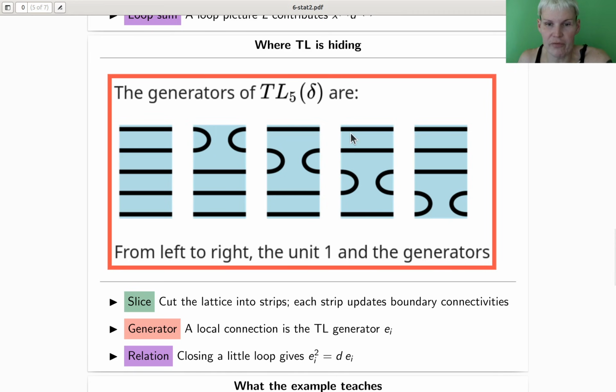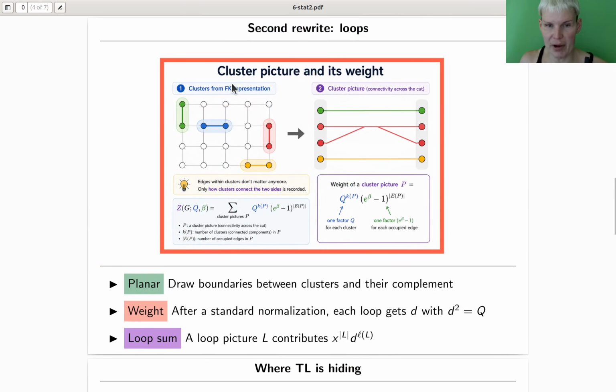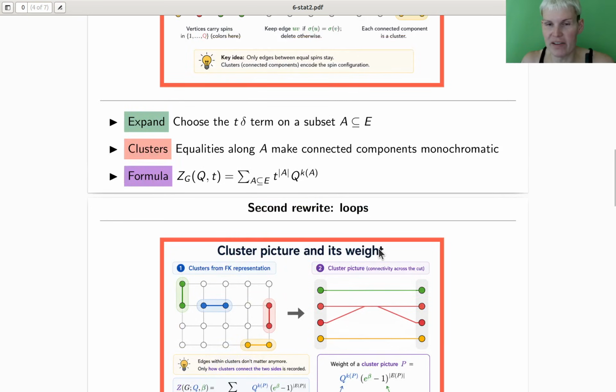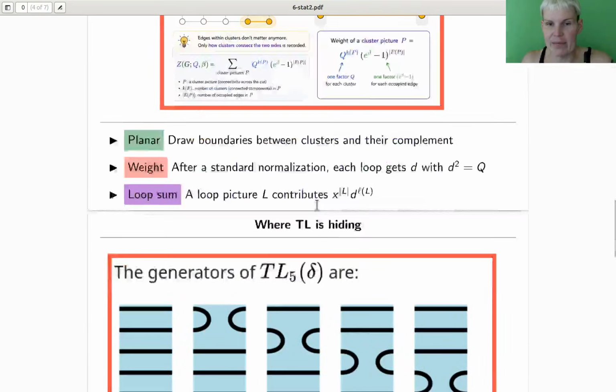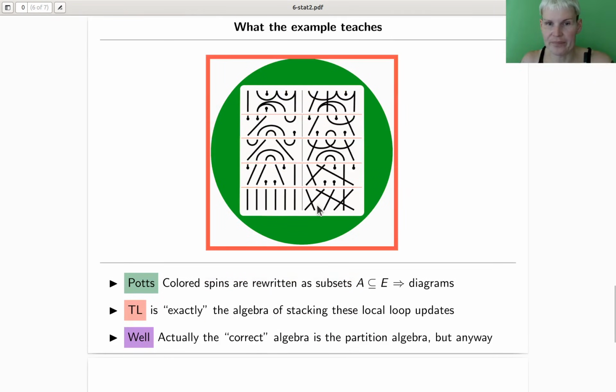There's a system of equations you need to solve, and you figure out what this algebra is, and that's how they came up with this Temperley Lieb algebra. So the Temperley Lieb algebra is the boundary cut algebra in this system of how the different clusters relate to one another. And then you can use that to essentially simplify the problem of finding the partition functions into smaller pieces. That's literally where it came from.